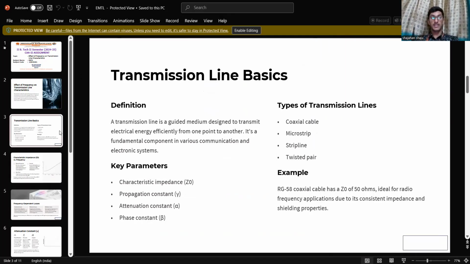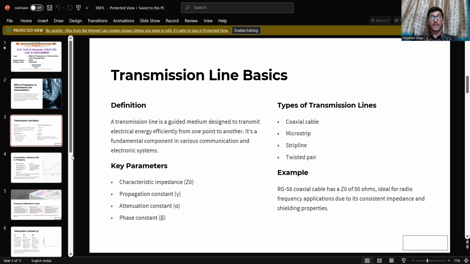Transmission line basics. Definition: a transmission line is a guided medium designed to transmit electric energy effectively from one point to another point. It's a fundamental concept in various communication and electronic systems.